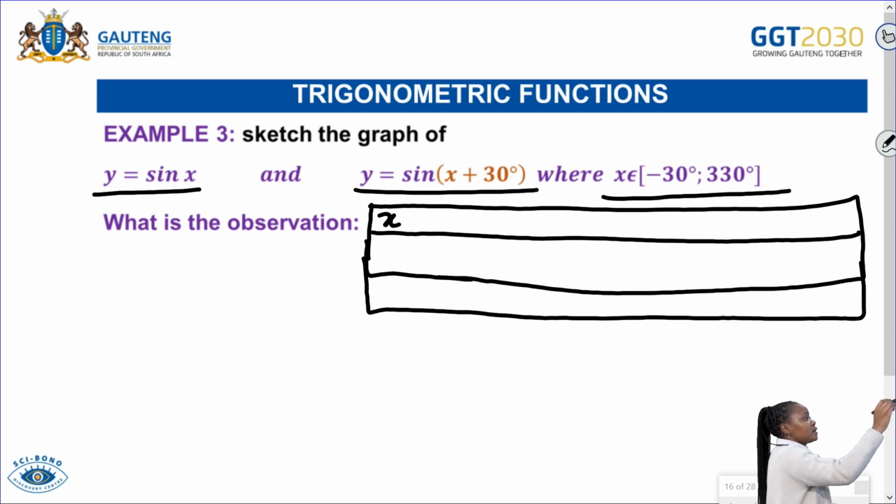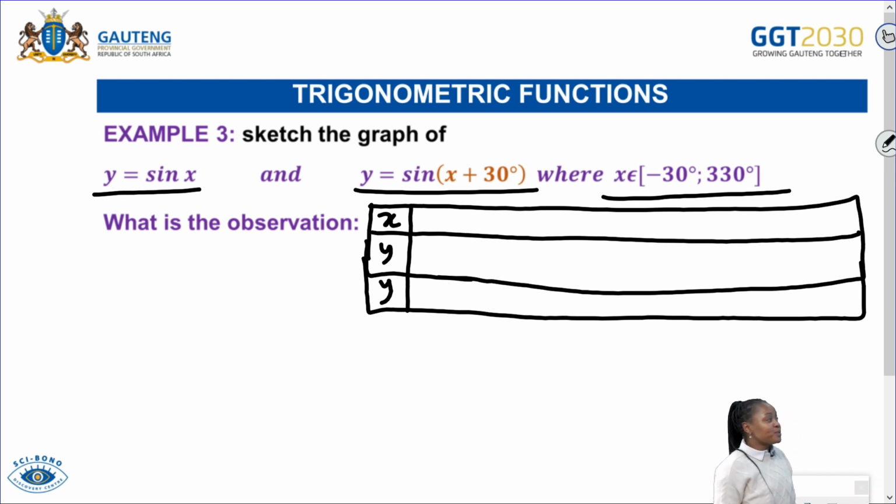So I have x, and then I have y. For the values of x, we are still using the same steps because we don't have any k here. So the period is still the same, it's still 360 degrees. So the steps, we're still going to say 360 divided by 4, and we're still going to get 90 degrees.